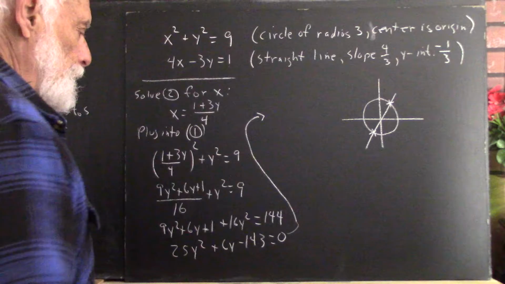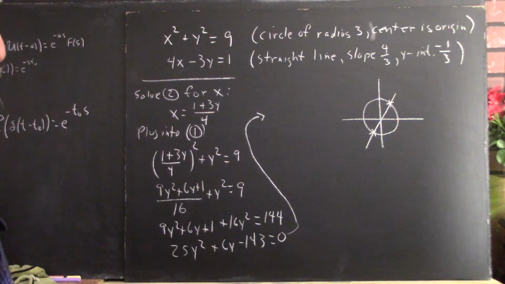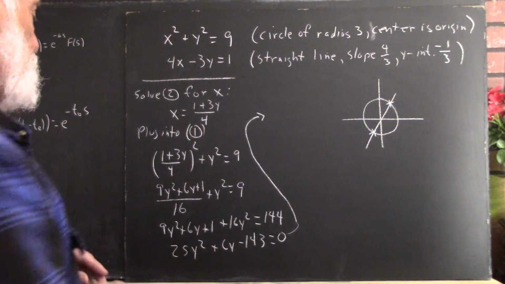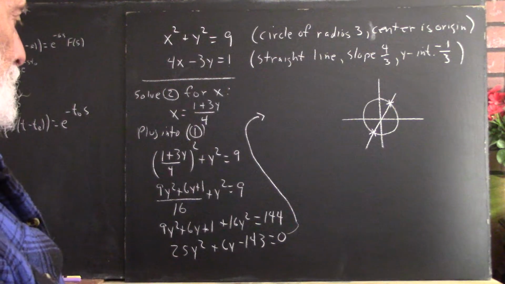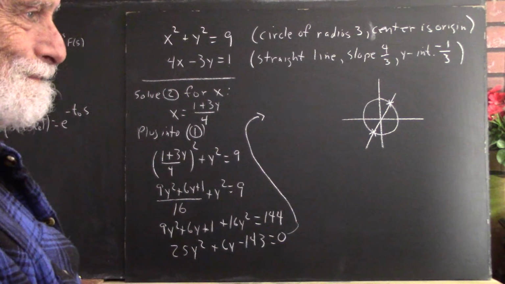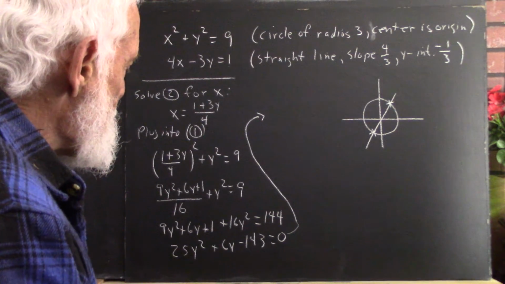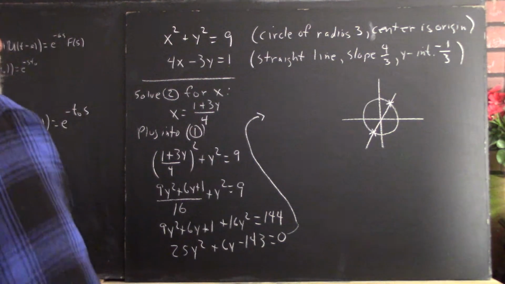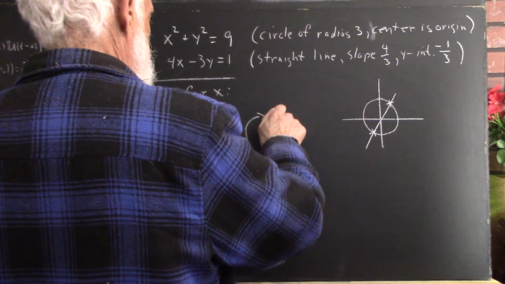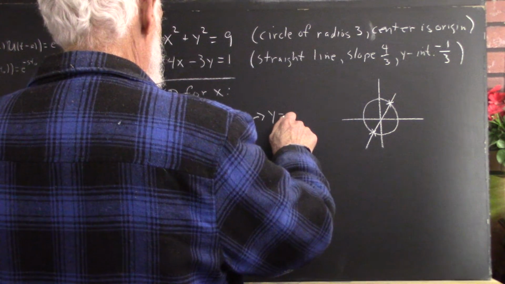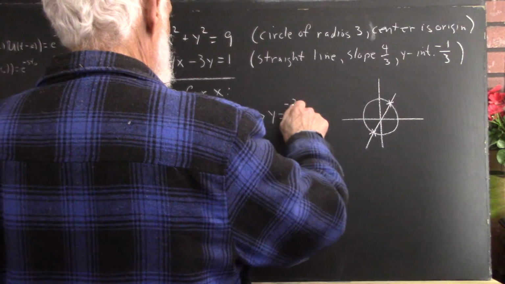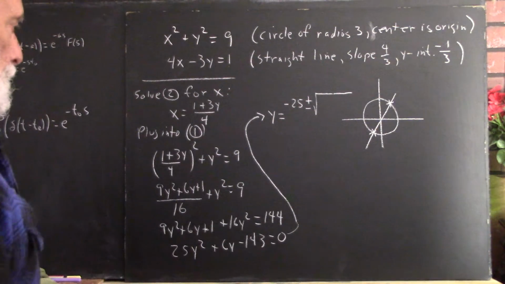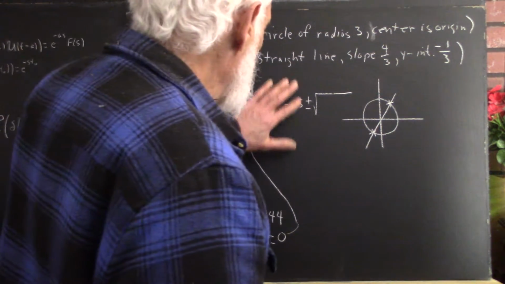Well, 143 is not something we want to try to factor, it's prime. So, actually it's not prime. It's 11 times 13. But that's not going to help us any. So we just go to the quadratic formula. It's not negative 25, it's negative 6.